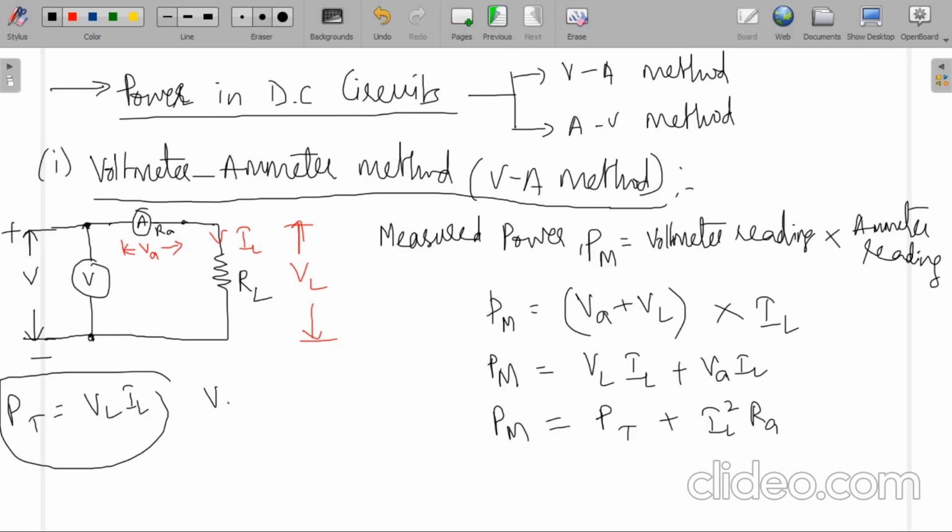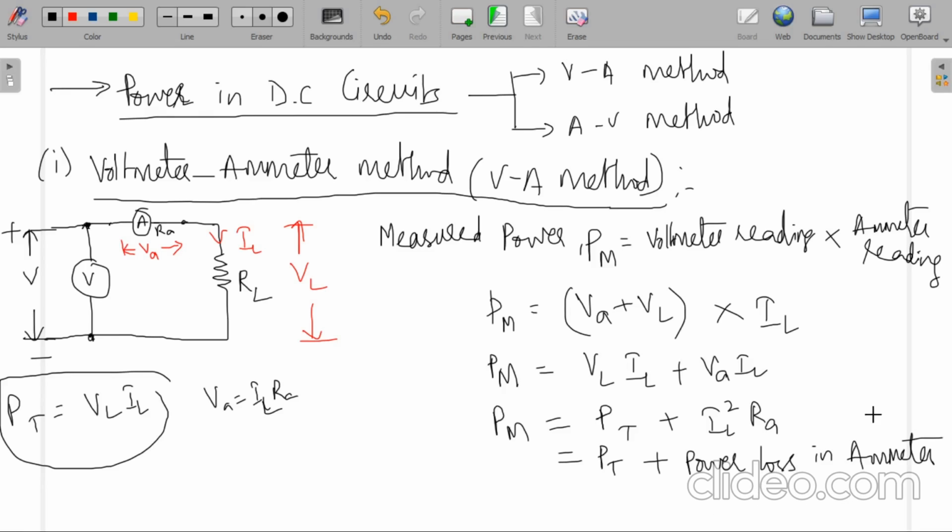So measured power is equal to true power plus power loss in ammeter.